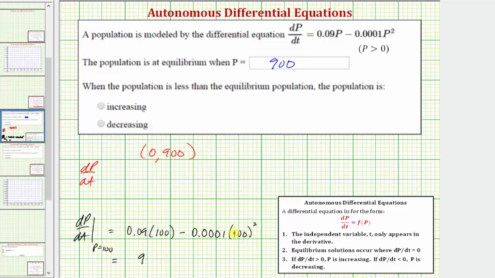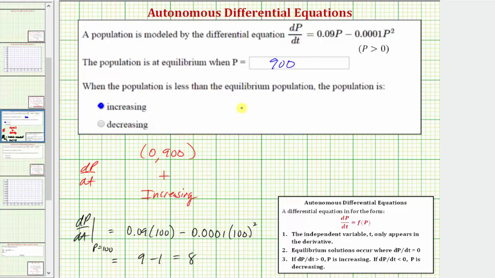To find this product, 100 squared is equal to 10,000, and therefore to find this product, we can move the decimal point 4 places in this decimal here, which would give us just 1. So we have 9 minus 1, which equals 8. So because the derivative is positive at p equals 100, it's positive over this entire interval, which means the population is increasing when the population is below 900.